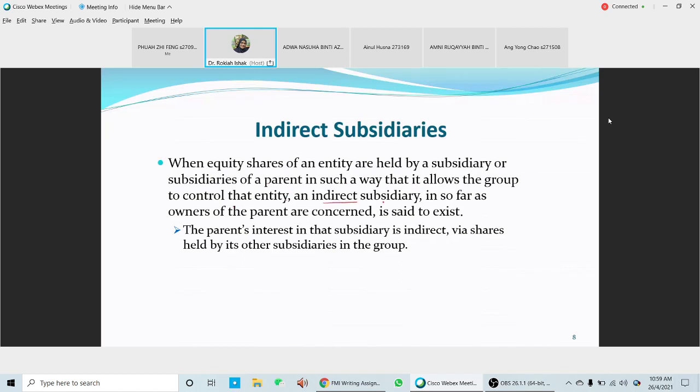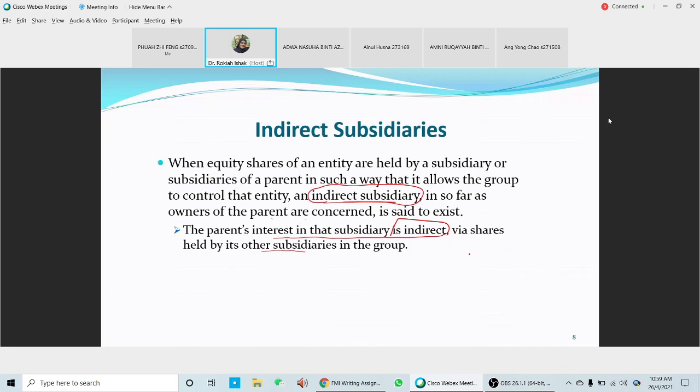Even though we have indirect control, the parent also has control over that subsidiary. The parent's interest in the subsidiary is indirect, through shares held by other subsidiaries in the group. So that is an indirect subsidiary.